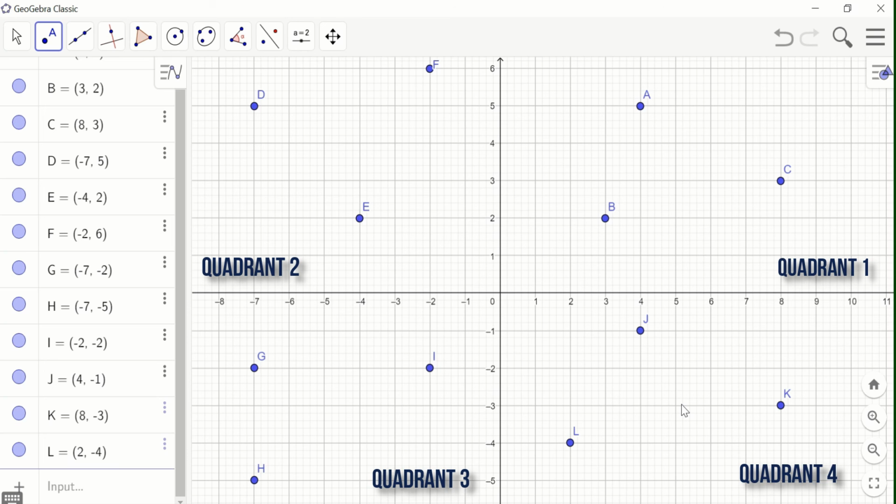So in quadrant 4, our ordered pairs are actually positive for all the x values, and then negative for all the y values. Okay? That is why, when we get the x, we go to the right. And going right is always positive. And when we get our y, we go down. And going down is always negative.